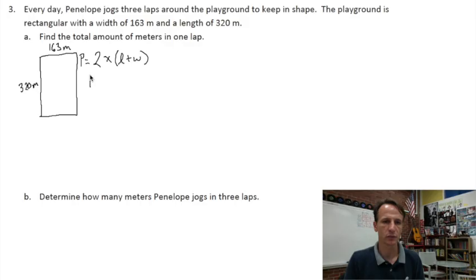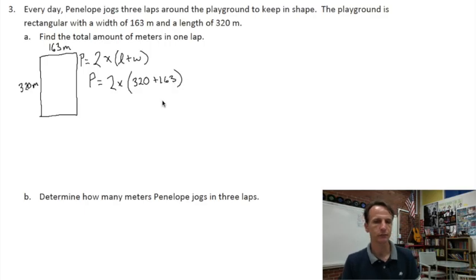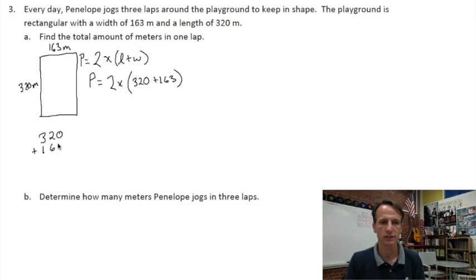So in this case, the perimeter will equal 2 times, and we have our length and width, 320 plus 163. Okay, so let's add those together. Let's do it over here. So 320 plus 163.